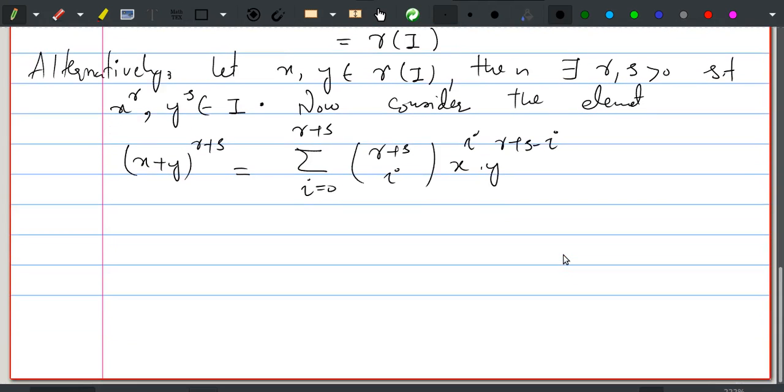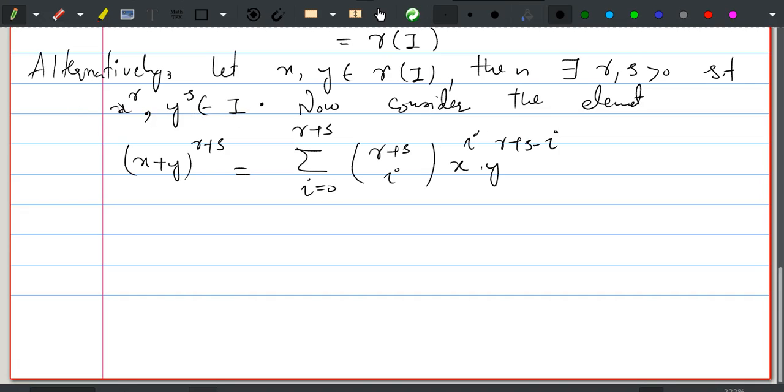So if we investigate the terms in this expression, so what we observe here, suppose this i is bigger or equal to r, then this term is going to be an element of I, because x to the power r is an element of I.